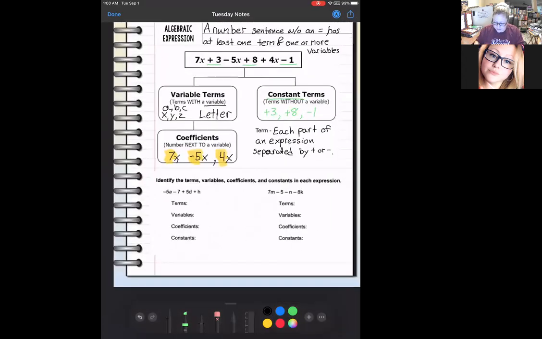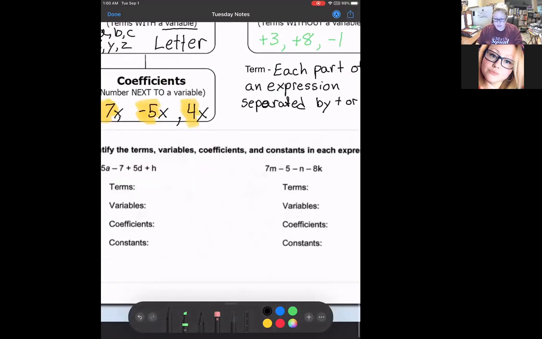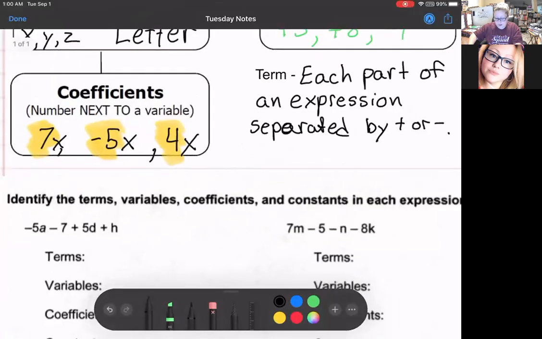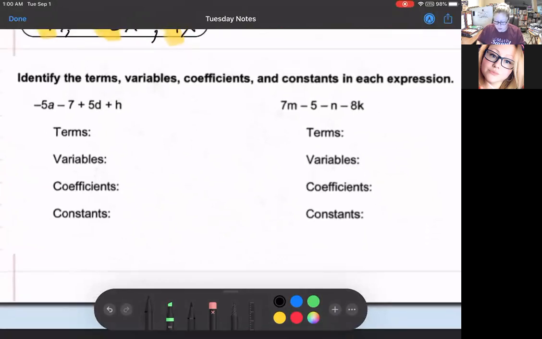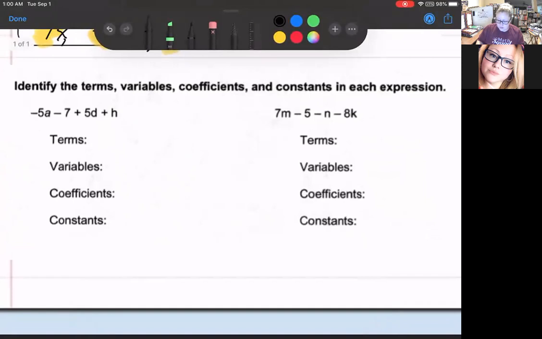So now let's practice. Let's look at these lower terms, and I'm going to have to zoom out so you can see that. Or can I turn it sideways? Oh, I can. Here we go. All right, so it wants us to identify the terms, the variables, the coefficients, and the constants in each expression that we see.